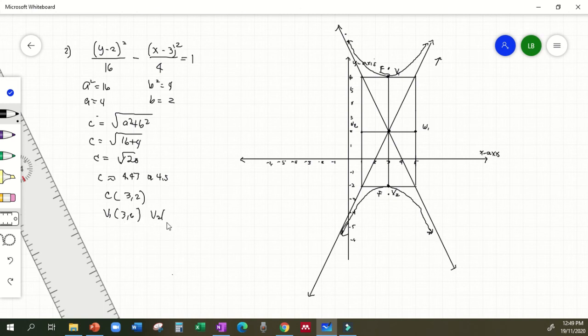And 3, negative 2. Our co-vertices, ito siya. So, 5, 2. And this one, 1, 2.